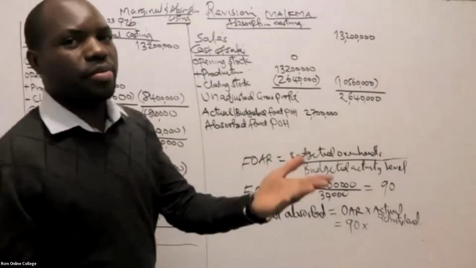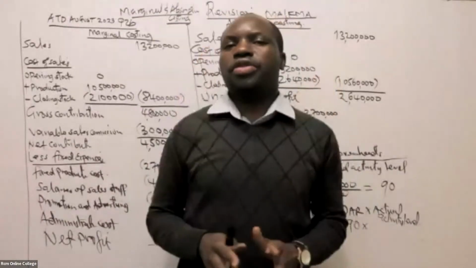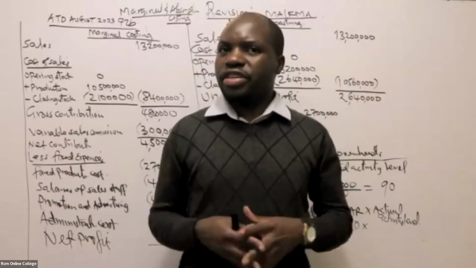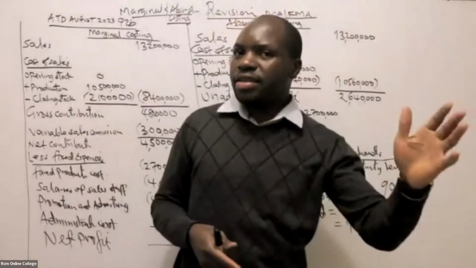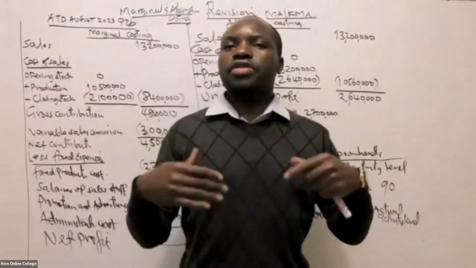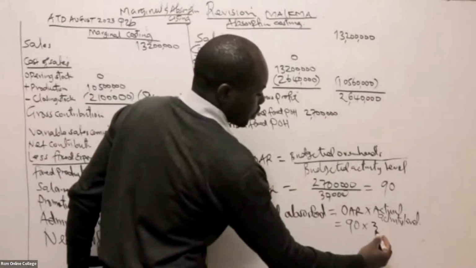They have not mentioned the budgeted. They have not specified that it is the actual units that were produced, right? If they have not mentioned that, it means our budgeted is equal to actual. So I'll now take 90 times 30,000.